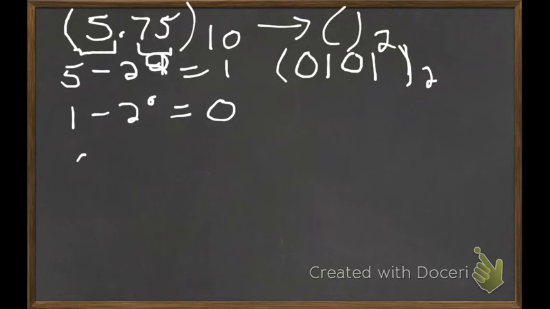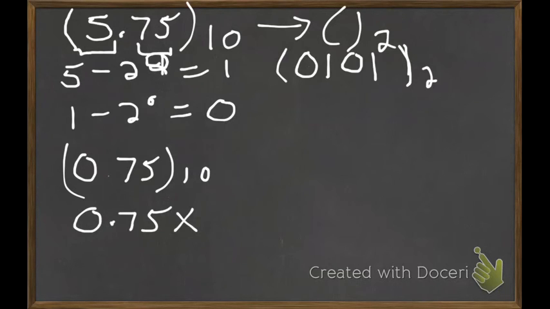Okay, and then we're going to look at 0.75. We can do the same method I stated before. 0.75 times 2 equals 1.5. Keep in mind this is for the 2 to the negative 1 placeholder.